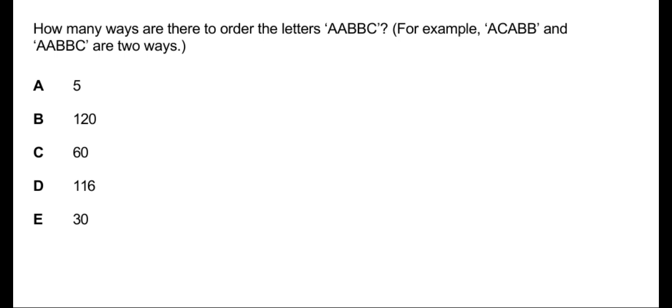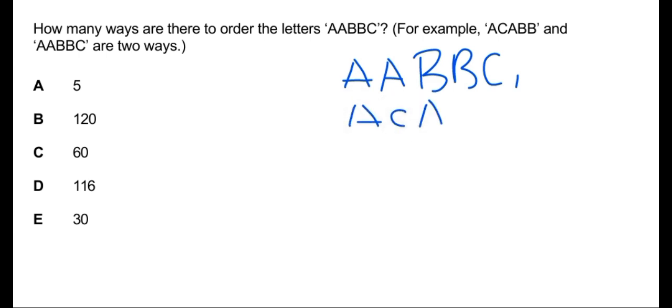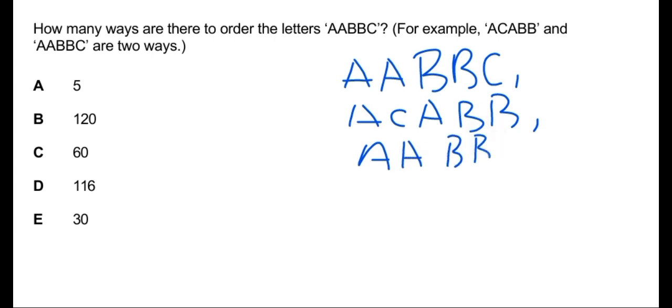In the given statement we have given orders of C. So C could be written like A, C, A, B, B. These are two, and the third is, suppose, A, B, C, B. The fourth possible order is A, B, C, B.